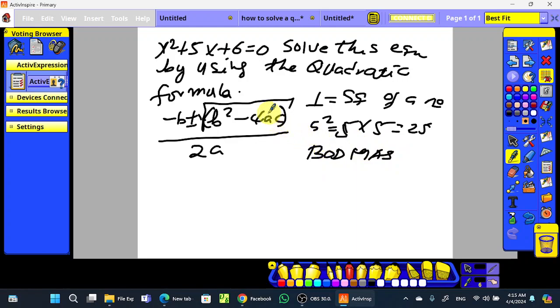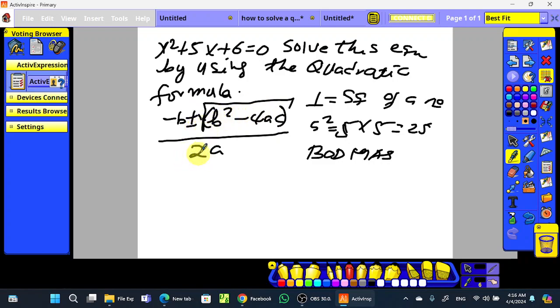In this problem, you do this multiplication first, then take b squared and deduct, because the multiplication should be done before the subtraction. This is how mathematics is done. Then you subtract and find the square root of that number.